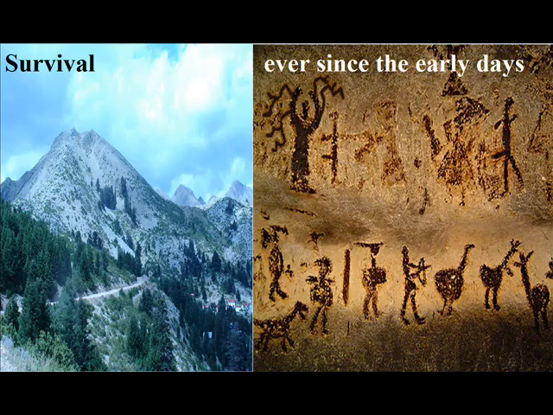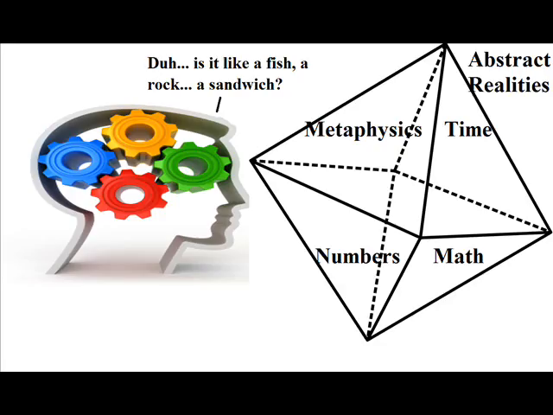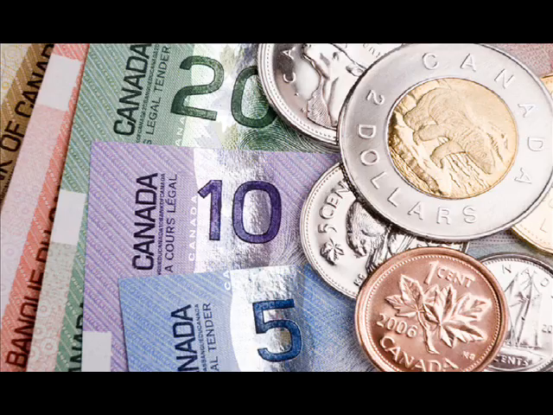Practical use and application. First, understand that we humans by nature are survivalists. We have been tuned to what we need to survive ever since the early days. As such, and contrary to what many may say, our minds have a very tough time understanding abstract realities like numbers, which is why money and counting high numbers are such hard things for humans and why we make so many simple mistakes.